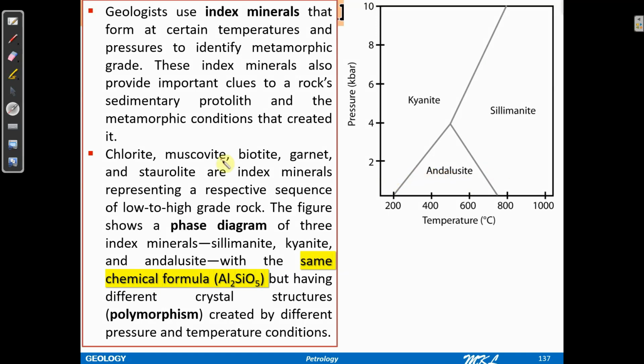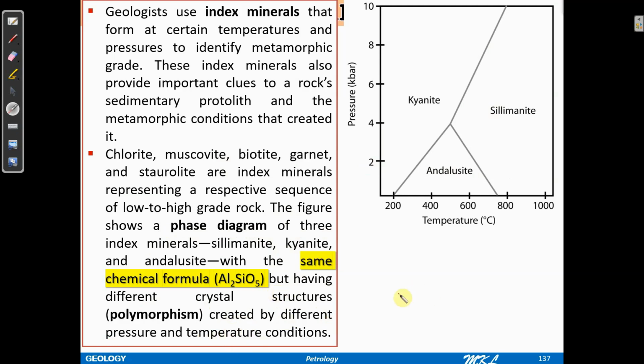Okay, so here is the phase diagram of the three index minerals. These minerals have the same chemical formula, but different crystal structures. It's called polymorphism, and is generally created by different pressure and temperature conditions.